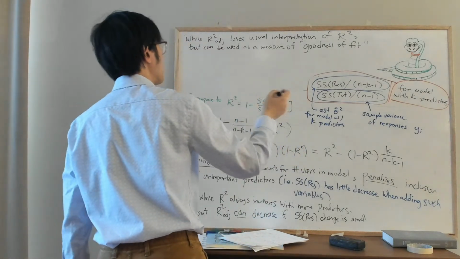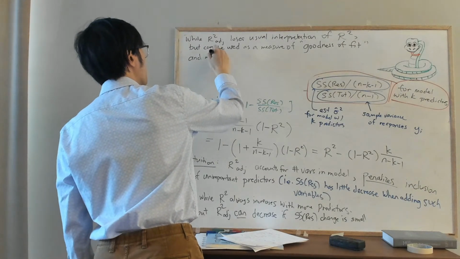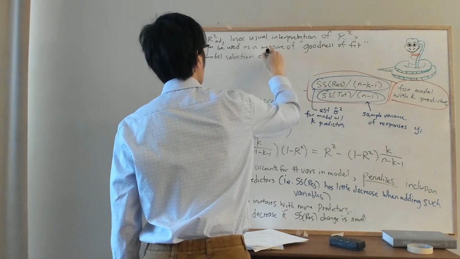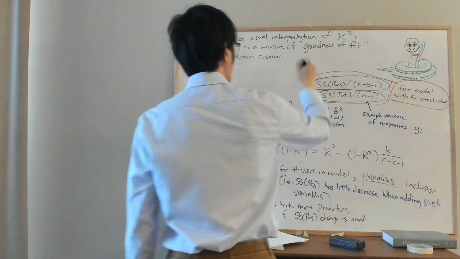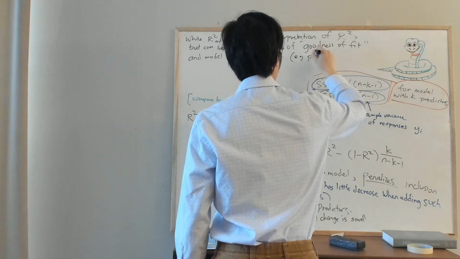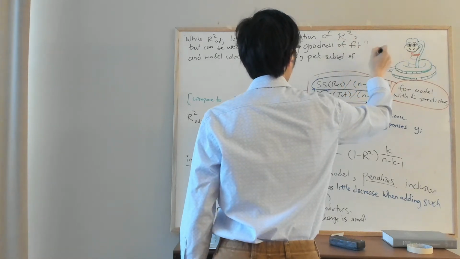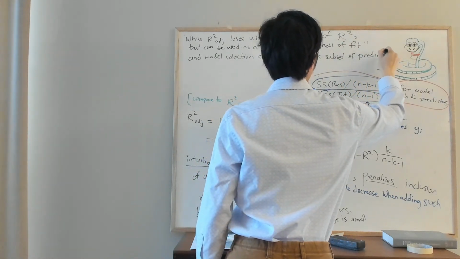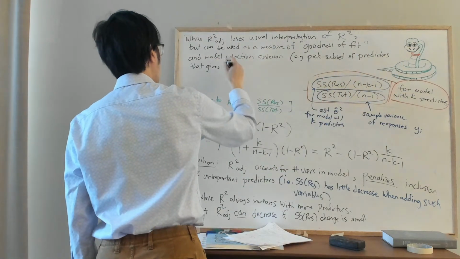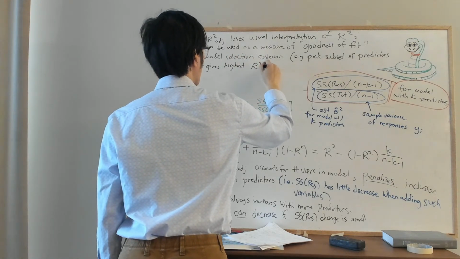Okay, and model selection criteria. So you can, for example, pick the subset of predictors that gives the highest value of R squared adjusted.